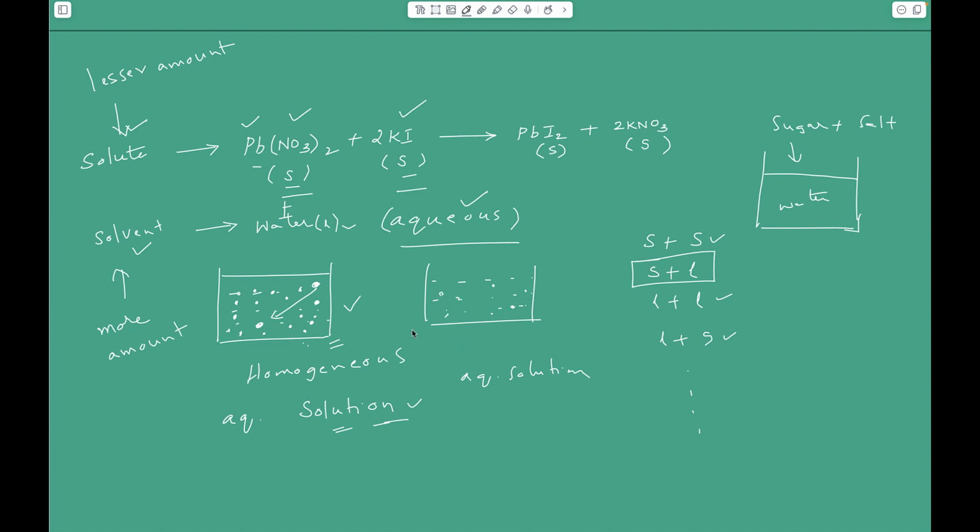Now, we mix these two aqueous solutions with one another. Because in these aqueous solutions, the particles are moving freely, and therefore a chemical reaction between them takes place easily and quickly. Now let us write a chemical equation for the reaction between these two solutions.